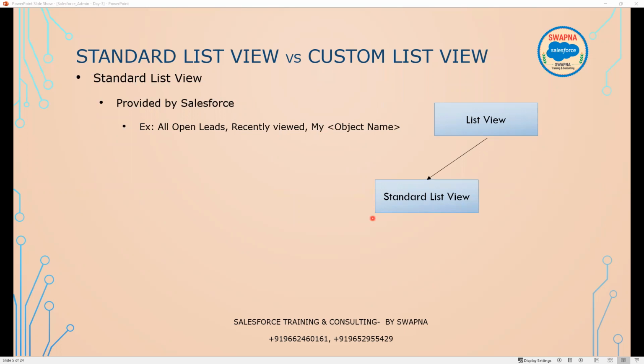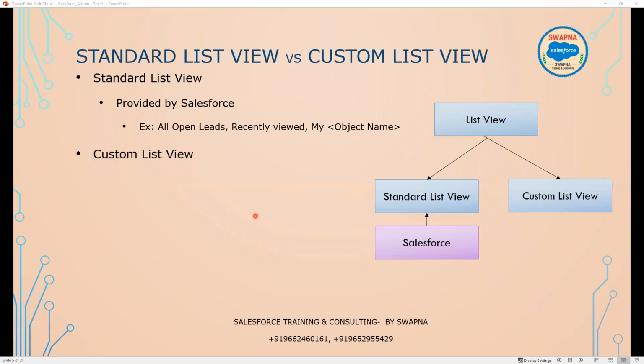So these are provided by Salesforce, whereas custom list views are created by either a developer, an admin, or the internal sales team.